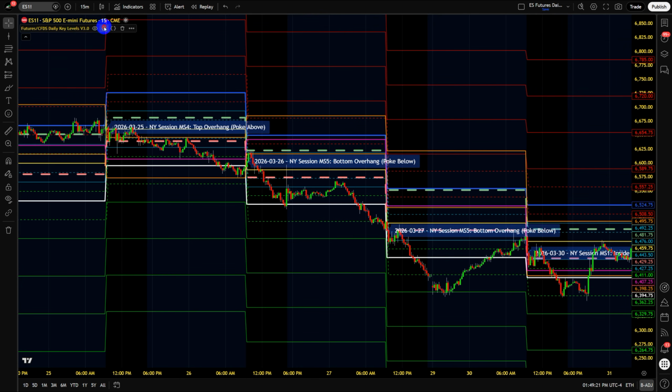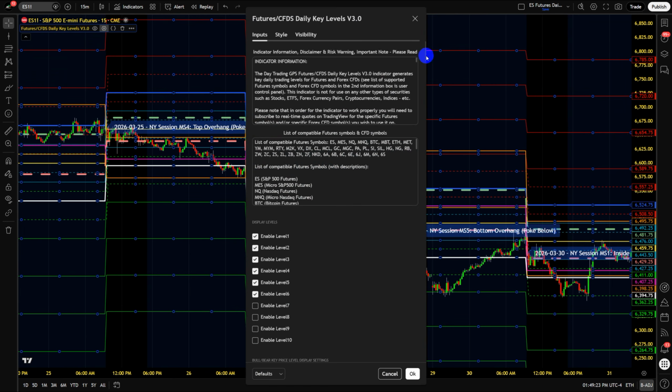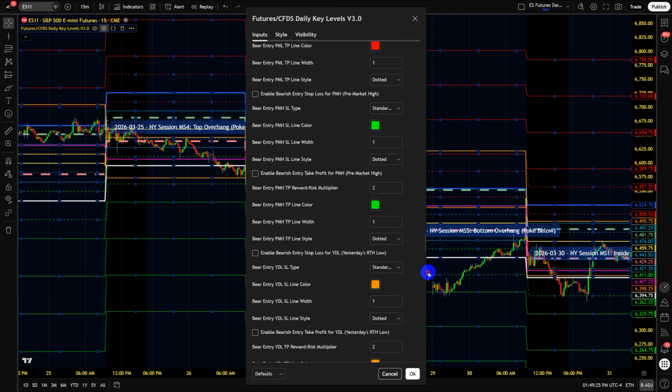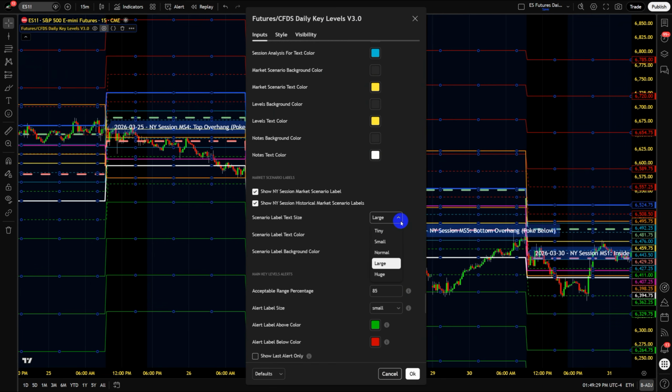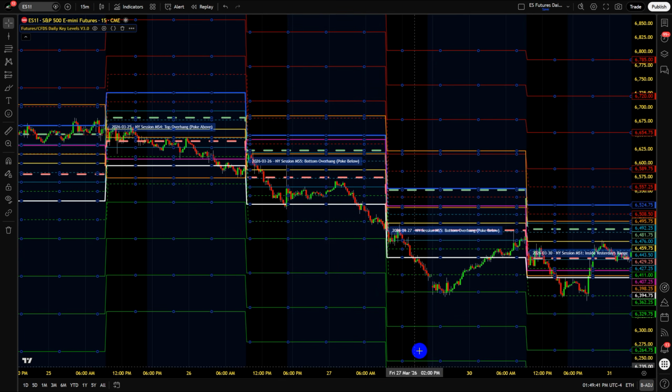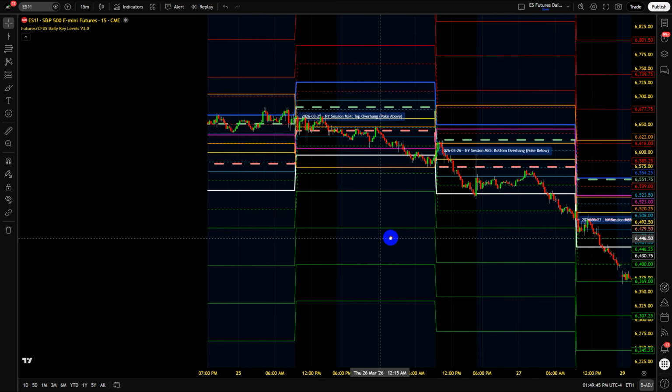Once you start doing this, you probably need to just go ahead and change your scenario label. See, if you put it back to normal, then it's contained within the session.